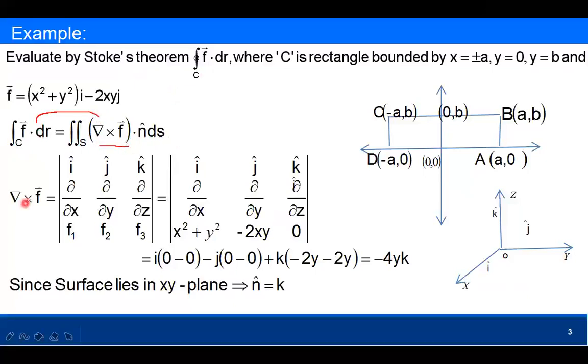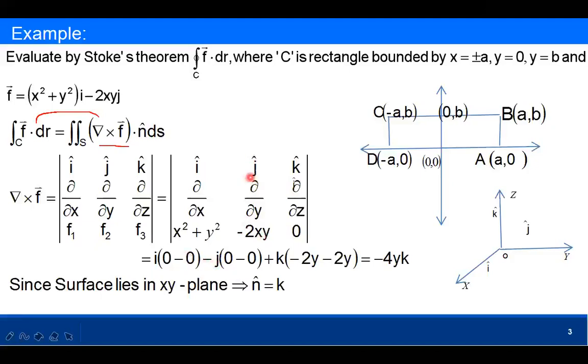So del cross f equals the 3 by 3 determinant of i, j, k, dou by dou x, dou by dou y, dou by dou z, f1, f2, f3. So f1 is x square plus y square, f2 is minus 2xy, and f3 is 0. Now calculate this. I into, eliminating this row and column, dou by dou y of 0, the derivative of 0 is 0, minus dou by dou z of minus 2xy, with respect to z this 2xy is constant, 0.